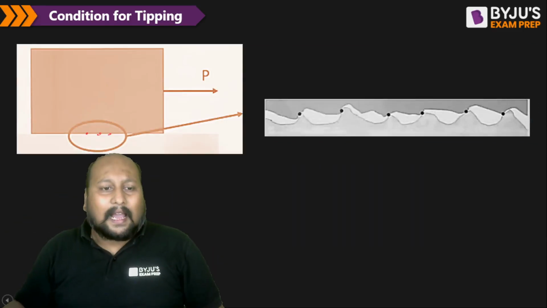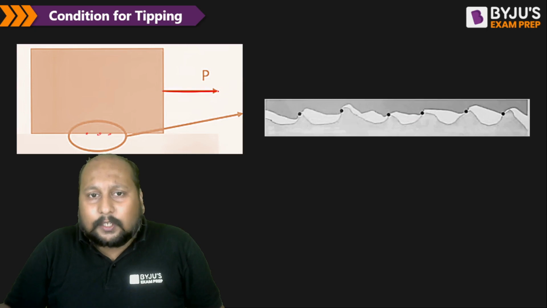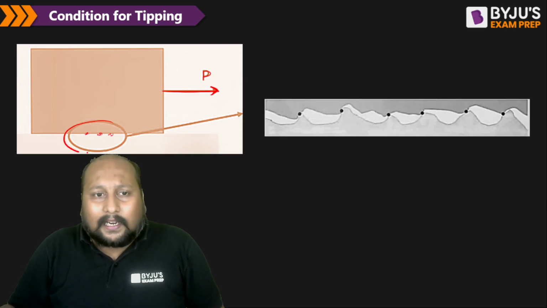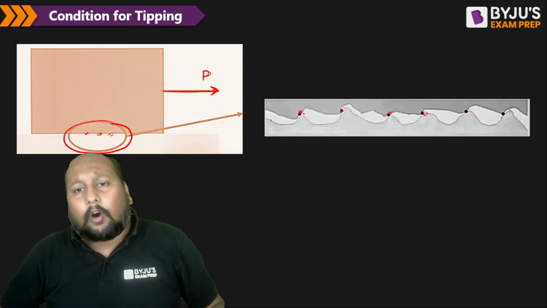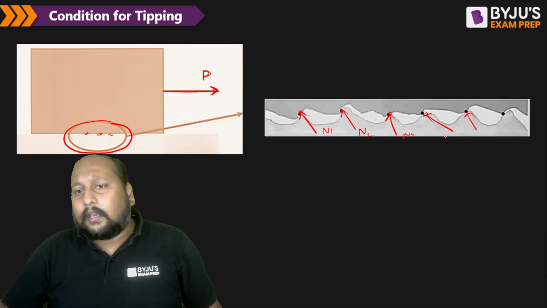Let us suppose I'm having a block on which an external force P is being applied. If I try to analyze this particular segment in an enlarged surface, we'll be having multiple point contacts, right? And we know that the normal reaction will always be acting normal to the surface. It will be at different angles. Let's say this is N1, N2, N3, N4, and so on.